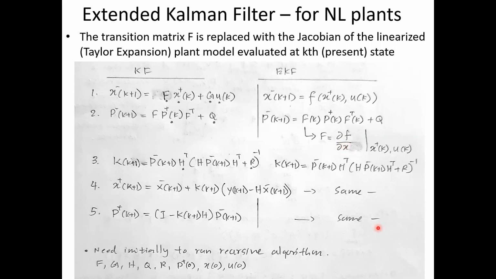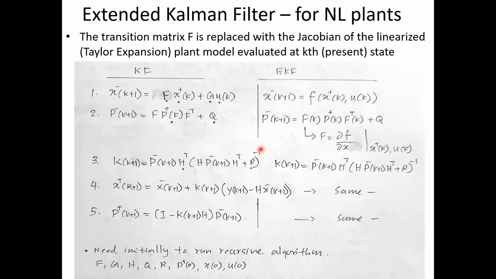All the other equations are the same: Kalman gain calculation, state update, a posteriori state prediction, and the covariance update. Same equations. The only thing is now you can use a nonlinear model in the Kalman filter.